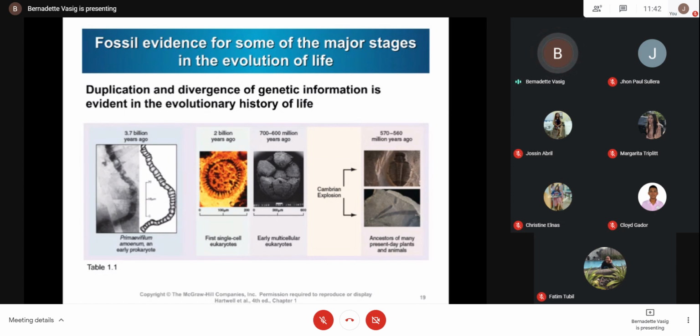Okay, so if you can still remember in our discussion in microbiology, there is presence of stromatolites before, and then there are also some prokaryotes that were preserved in rocks and discovered and are believed to be present 3.7 billion years ago, and the first single cell eukaryotes to the formation of early multicellular eukaryotes and Cambrian explosion.